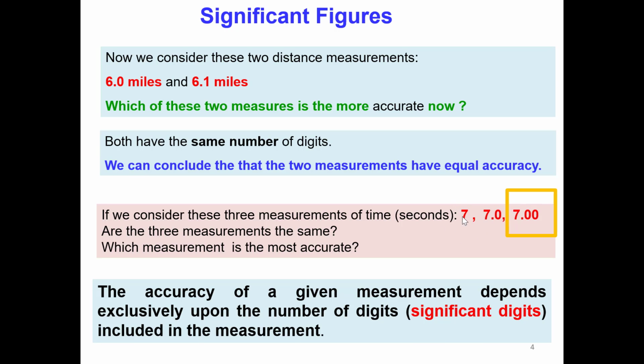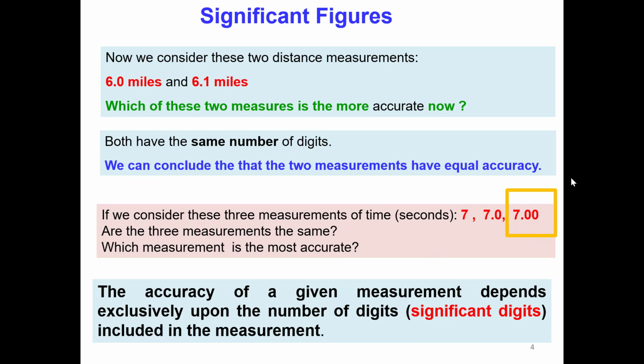In the first one we have just 7, in the second 7.0, and in the last 7.00. In math, these three numbers are the same, but in science they are not the same, because the last one means you were able to measure 3 digits in the device you used to measure the time.